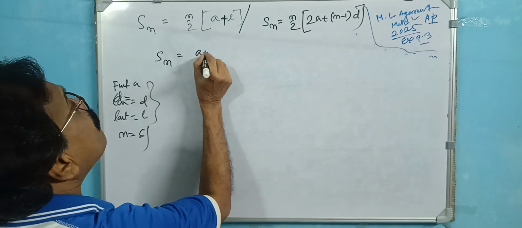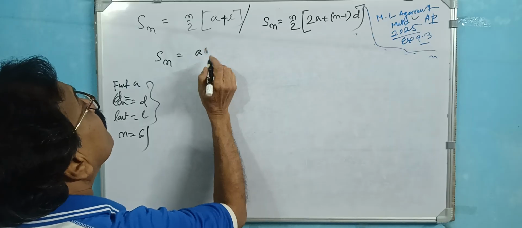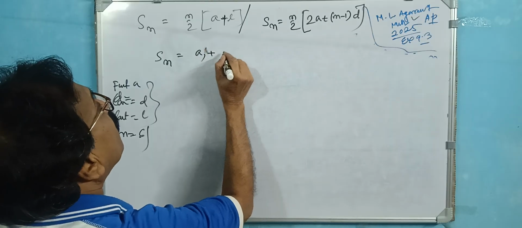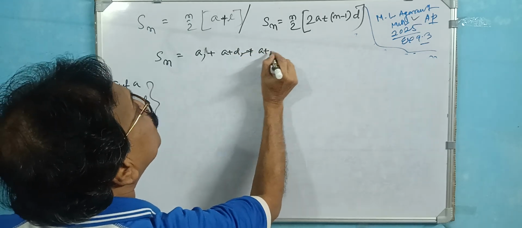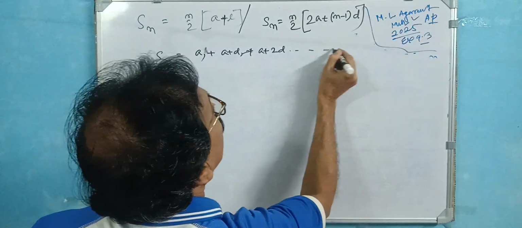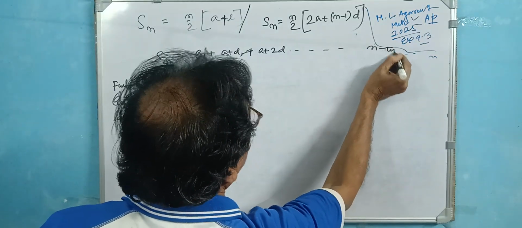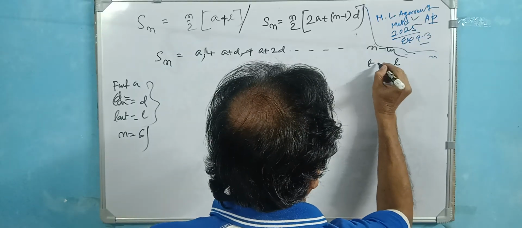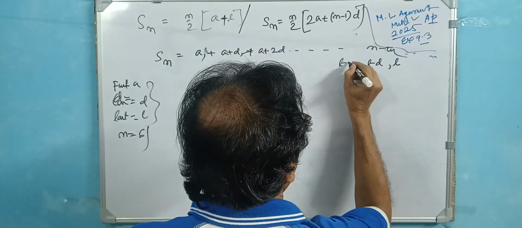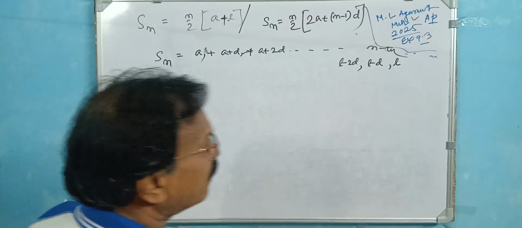Sn is equal to a plus (a plus d) plus (a plus 2d), dot dot dot, up to n terms. From the last term, this is l, then l minus d, then l minus 2d, up to n terms.